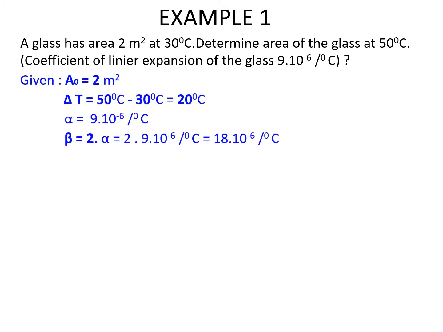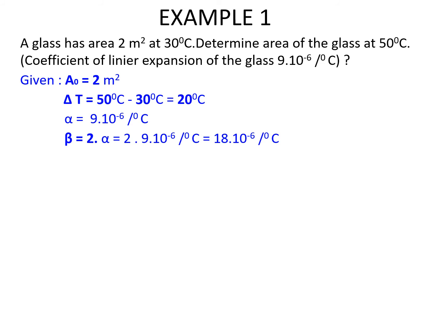From the problem, given A null equals 2 meters square, and we can get delta T equals 50 degrees Celsius minus 30 degrees Celsius equals 20 degrees Celsius, and alpha, coefficient of linear expansion, equals 9 times 10 to the power of minus 6 per degree Celsius.